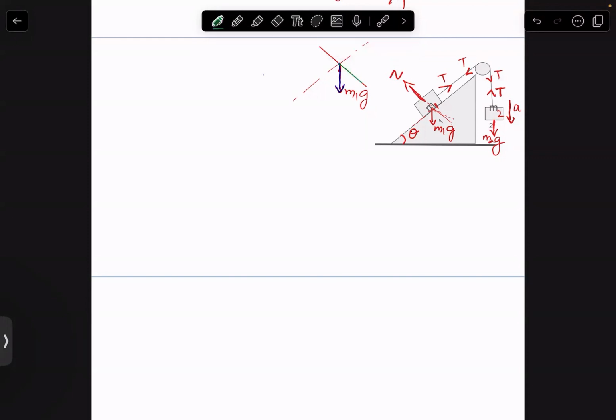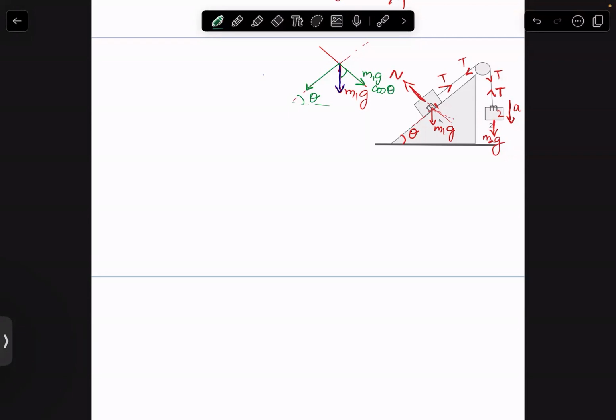Along the perpendicular to the surface and along the parallel direction of the surface, there will be two components. If this is 30 degrees, then this is 30 degrees, so this is m1g cos 30. Here we are taking it as theta, so I will take theta over here.